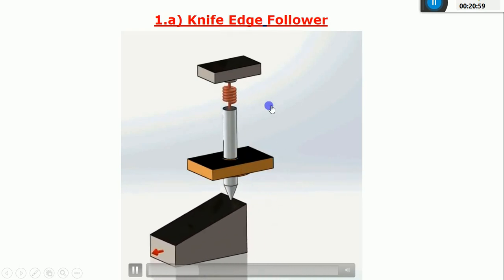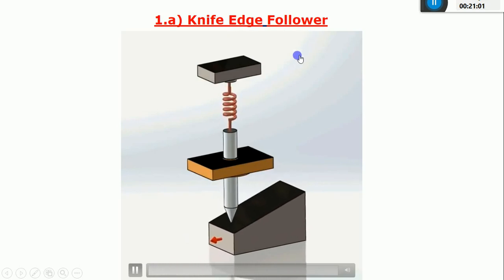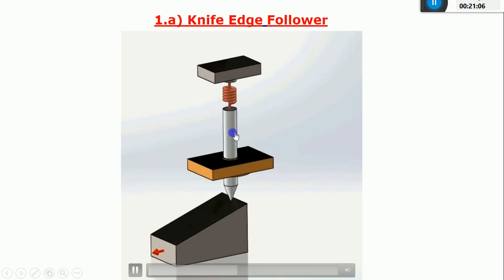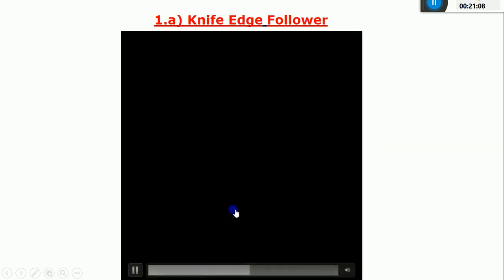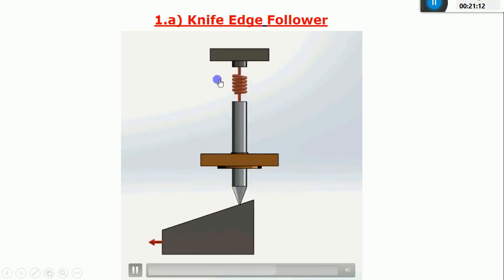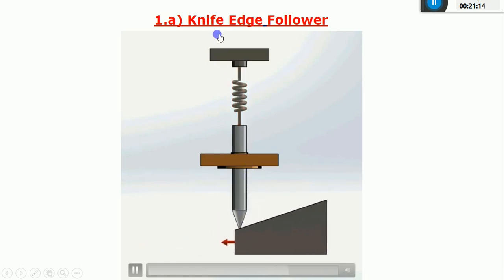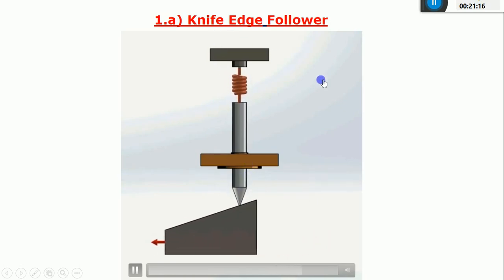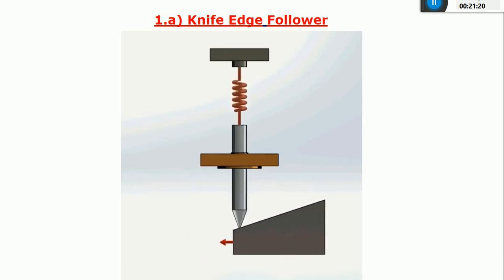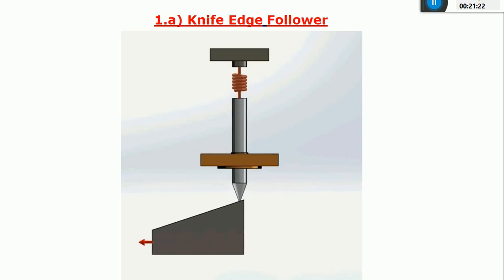And why is it called a knife edge follower? Because the shape of this follower is in the form of a conical shape or a knife edge. So I can call it a knife edge follower. It means if the contact end of the follower has a sharp edge, then it is called a knife edge follower. And you can see the sliding motion takes place between the contacting surfaces of the knife edge and the cam.